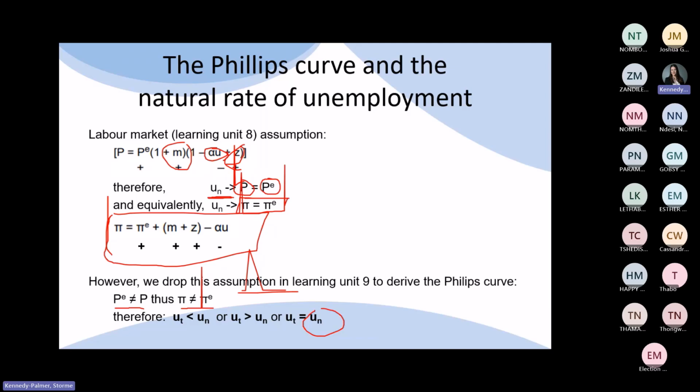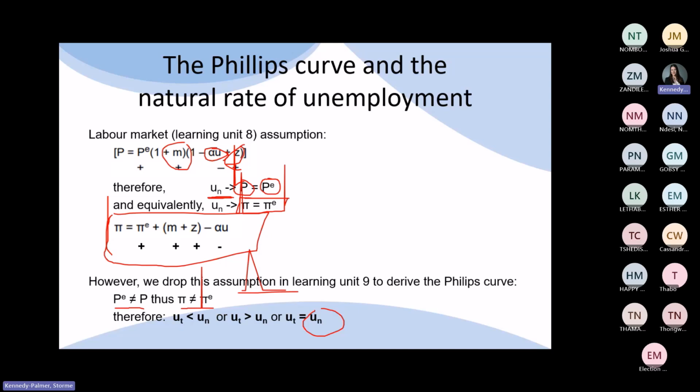However, people will expect inflation to continue rising because past inflation is a good predictor of future inflation. They will demand higher wages next time, and if businesses also anticipate higher costs, they will increase prices further. This results in a cycle where inflation keeps increasing unless unemployment returns to the natural rate.